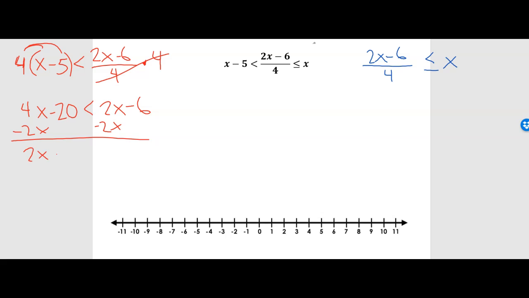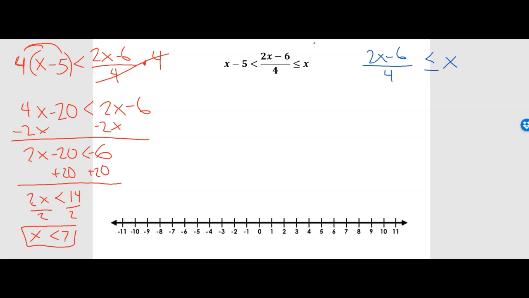So I get 2x minus 20 is less than negative 6. And then I'm going to add 20 to both sides. That's going to give me 2x is less than 14. I'm going to divide by 2. And I'm going to get x is less than 7. So it took a little longer, but nothing we can't handle.